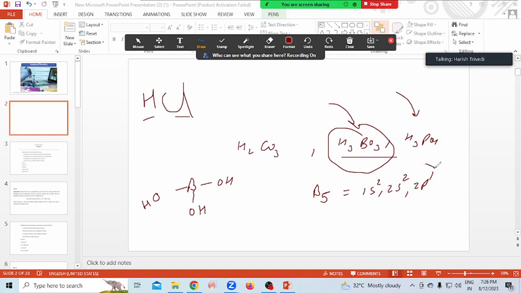So it can make only 3 bonds. When it makes 3 bonds, how many electrons will be there? 3 plus 3, so a total of 6 electrons will be there in the outermost shell in this structure which I mentioned here.